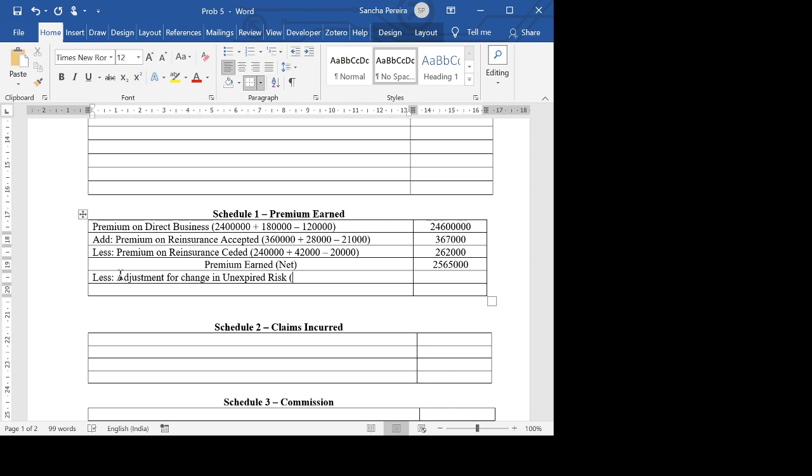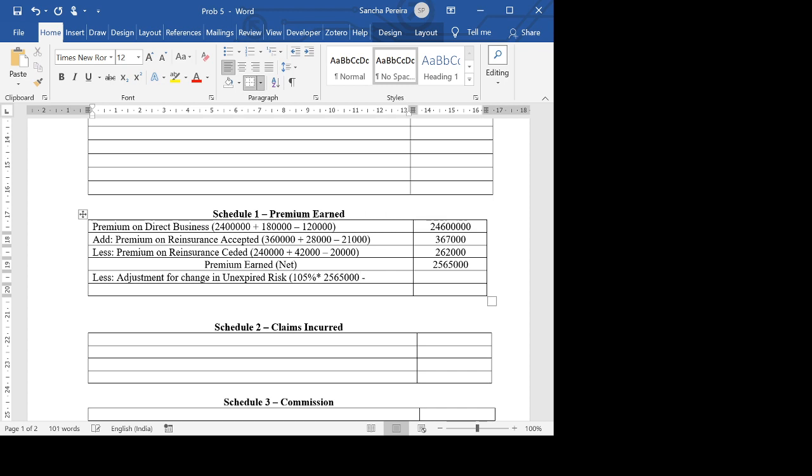If you see the question, they've told you that from the following information, prepare revenue account and profit and loss account of Narendra Company engaged in marine insurance business. So I'm going to take it as 100% plus the additional reserve of 5%. So I get 105% into 25 lakhs 65,000.